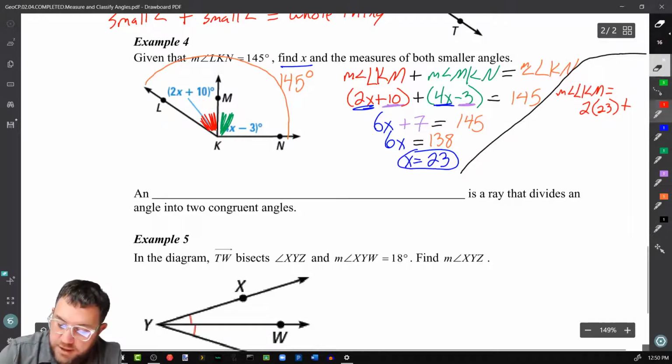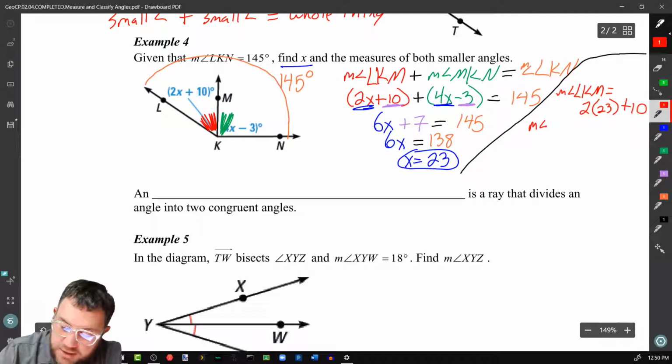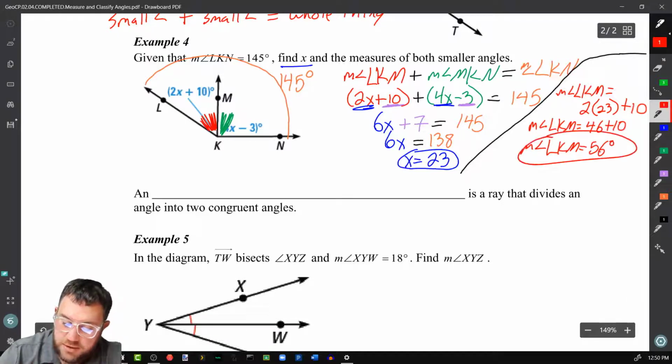Let me clean that up. So that means 2 times 23 is 46 plus 10. So LKM is 56 degrees.